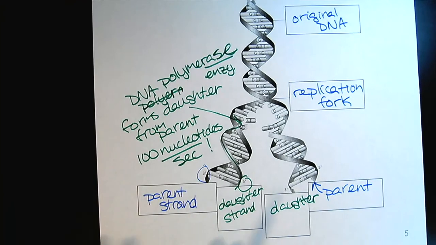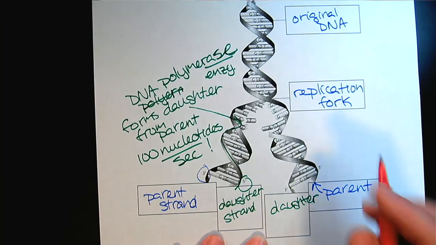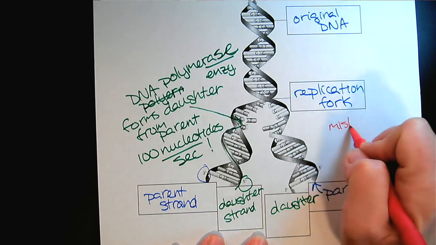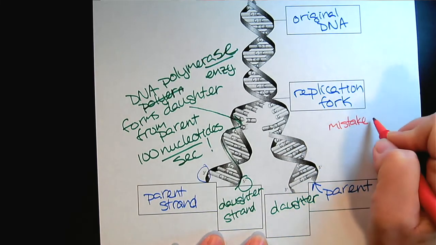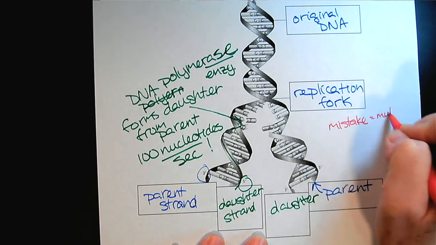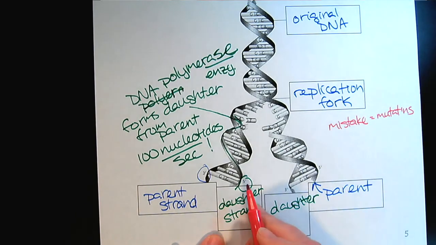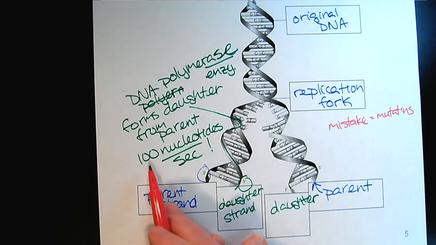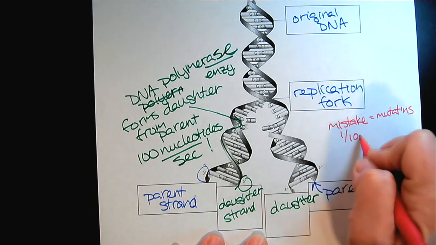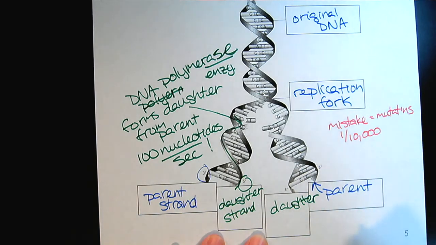Oh my God, how many mistakes are made? Well, mistakes basically lead to mutations, which we'll talk more about very soon. Even at this amazingly fast rate of 100 nucleotides per second, there's only one mistake in 10,000.